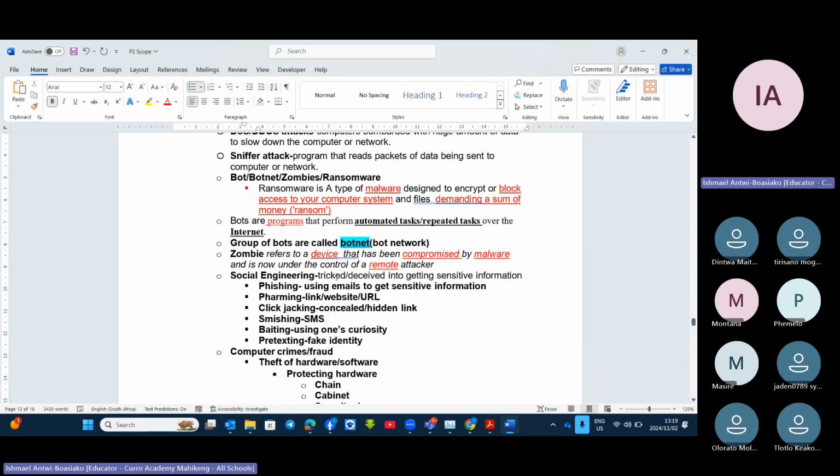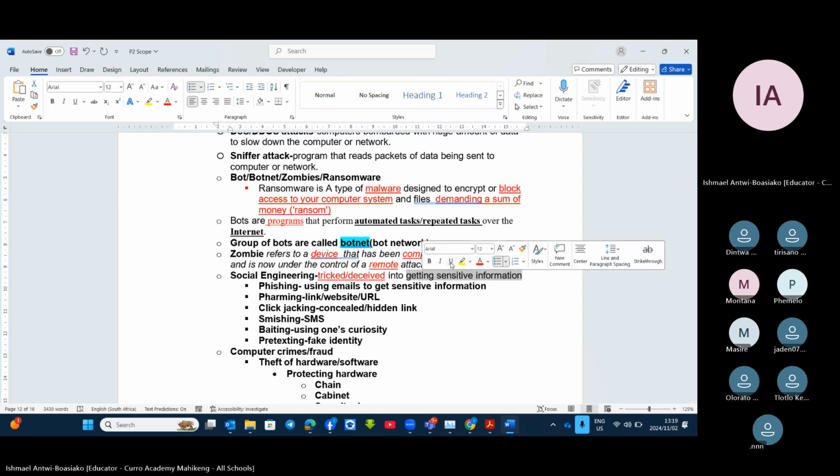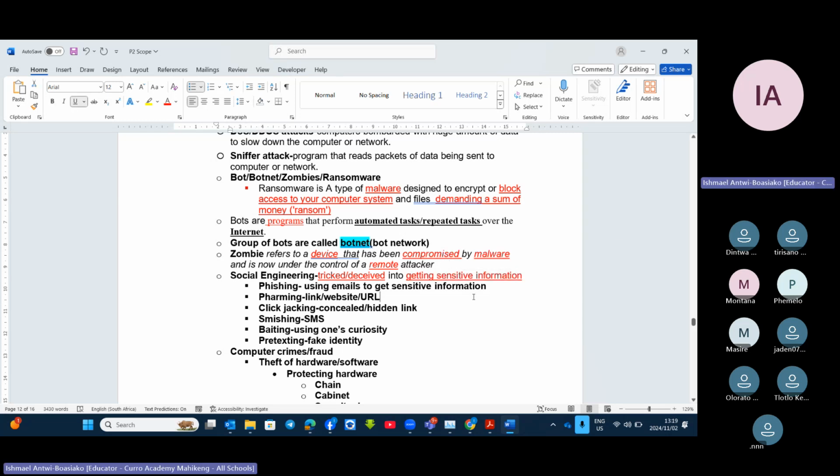When we talk about social engineering, the keywords that you must also know here is that someone is deceived into giving sensitive information. So when you are deceived into giving sensitive information, we call it social engineering.